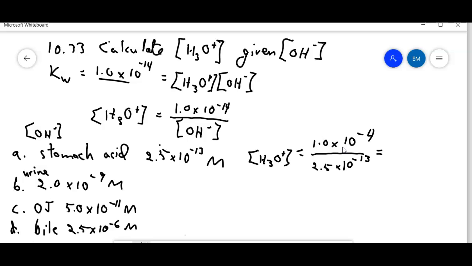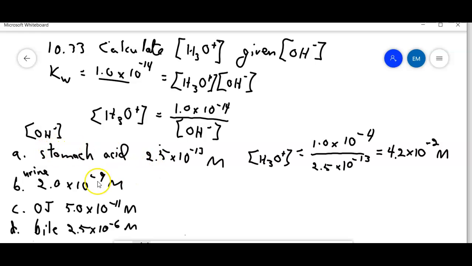So 1e to the minus 14th divided by 2.5e to the minus 13th, and I have to go to scientific notation. It would be 4.2 times 10 to the minus 2 molar, and that's pretty high stomach acid.